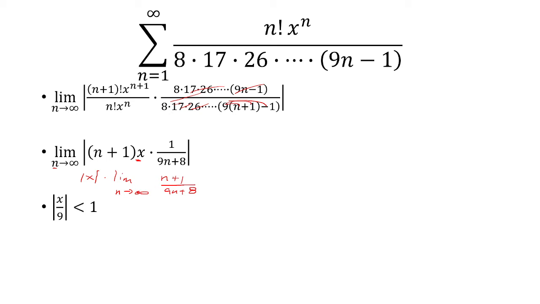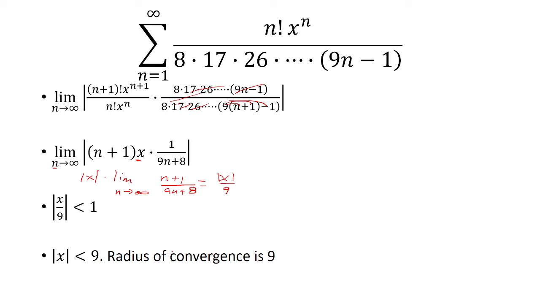So positive over positive is positive. And so this limit is 1/9. So we'll just multiply that by the absolute value of x. Now, I kept the 9 inside the absolute value, which doesn't really matter. So I multiplied both sides by 9 and found that the absolute value of x is less than 9, which means the radius of convergence is 9.